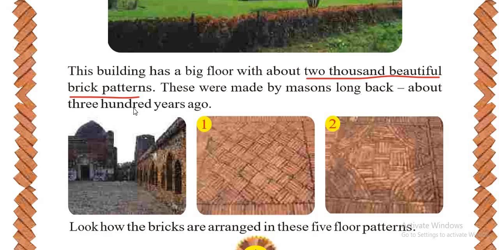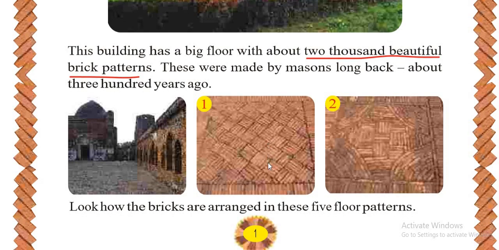See, here we have different types of patterns. See, here there are brick patterns. Here the bricks are arranged in this way. Here the pattern is square shape. So this is a different pattern of bricks.